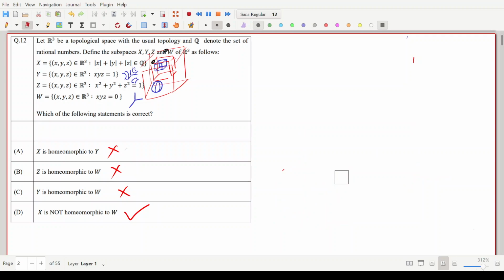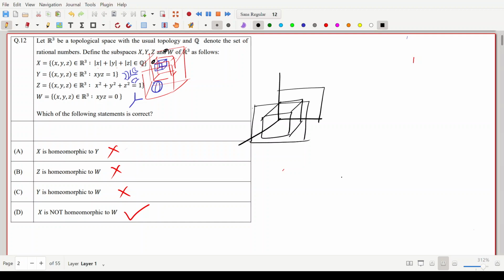Do you see why? What is the set X? It is all the cubes, something like this. One cube is inside another cube, something like this.